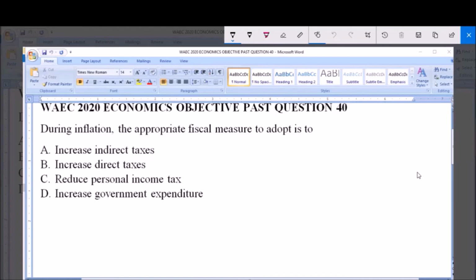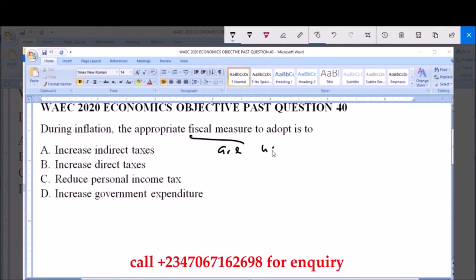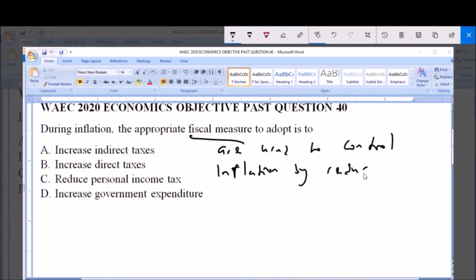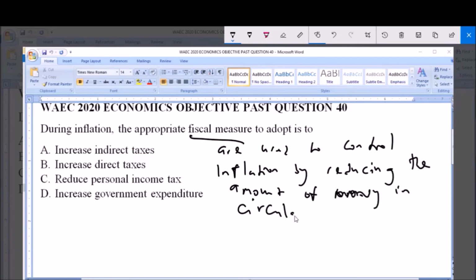During inflation, the appropriate fiscal measure to adopt is to A. Increase indirect taxes, B. Increase direct taxes, C. Reduce personal income tax, D. Increase government expenditure. Now, fiscal measures are basically used to control inflation by reducing the amount of money in circulation.